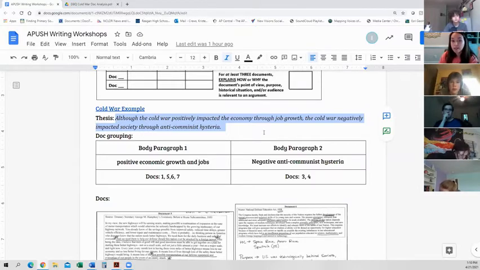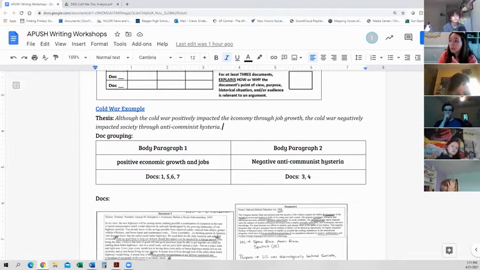You're not just saying these things impacted the United States. It just kind of depends. You could also argue that one thing impacted America more than another, okay? My thesis responds to the prompt. It establishes a line of reasoning because it says that it impacted the economy through job growth.